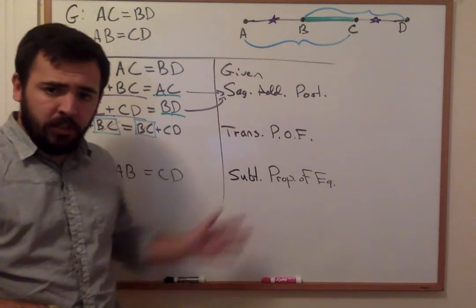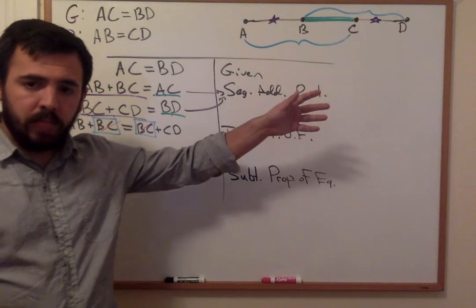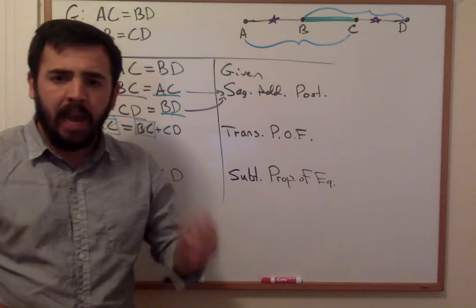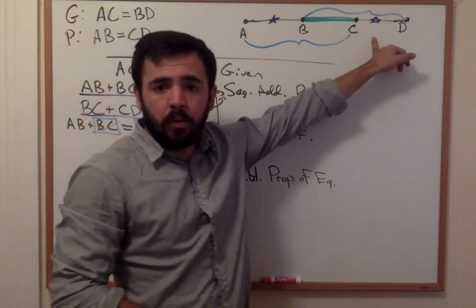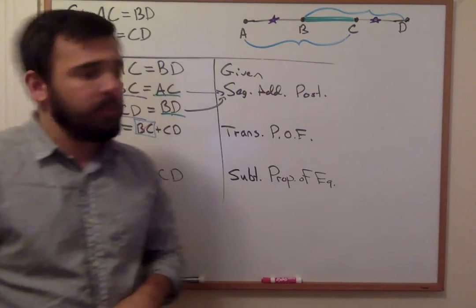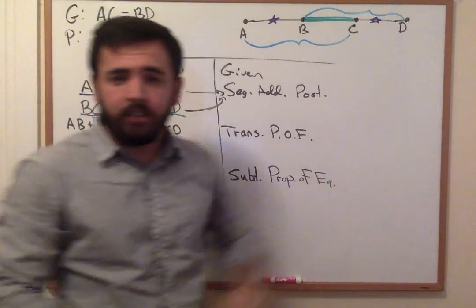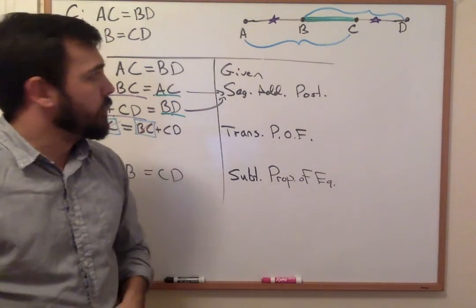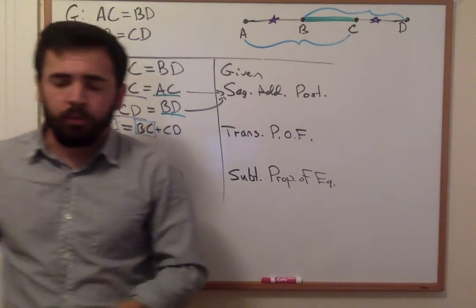Once you have that all filled out, you're then going to go to your diagram. Identify what you have to prove. We had to prove AB and CD were equal. Identify the things that you're given. We're given that AC and BD are equal. Try to find the link between what you're given and what you have to prove.